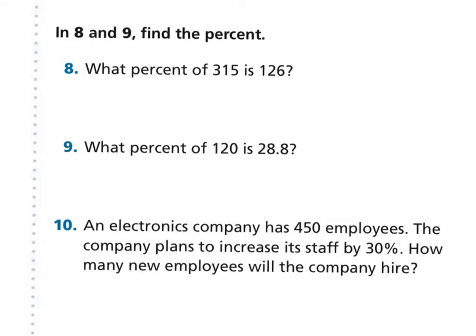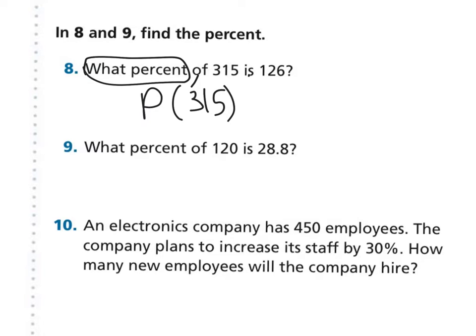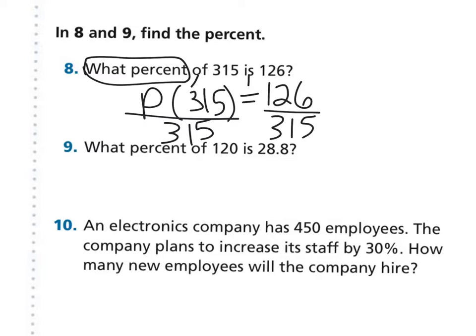For this equation, we've got "what percent," so we can do P for percent here. "Of" means multiply by 315. "Is" means equals 126. Again, we're trying to get our variable by itself. They're multiplying, so we do the opposite: we divide by 315.